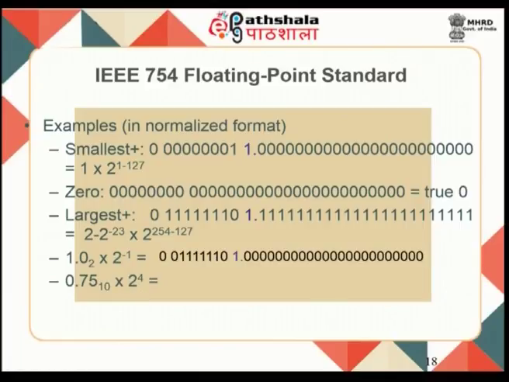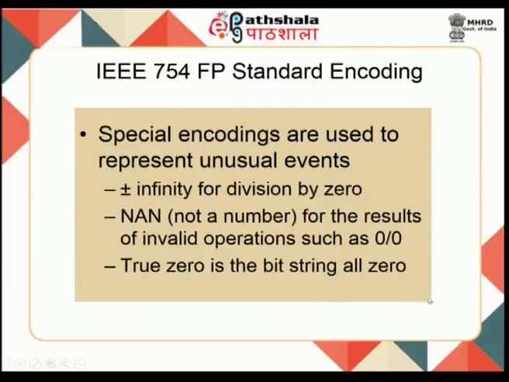So, minus 1.0 into 2 power minus 1 is represented this way, and 0.75 into 2 power 4 is represented this way. Now, apart from the normal representations, you have a range of 0 to 255. Out of that, 0 and 255 are used for other reasons, and only 1 to 254 are used for normal representations. The other two are used for special encoding.